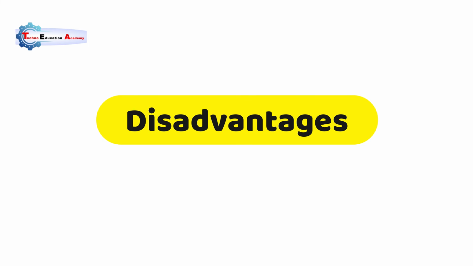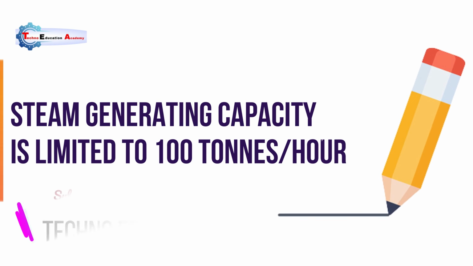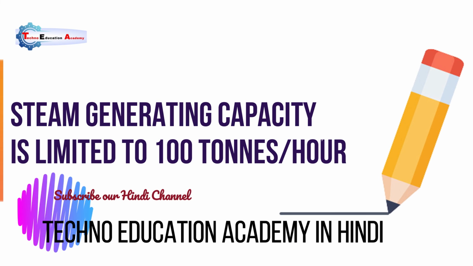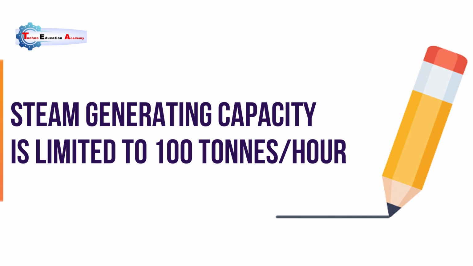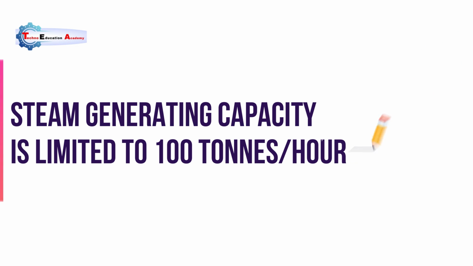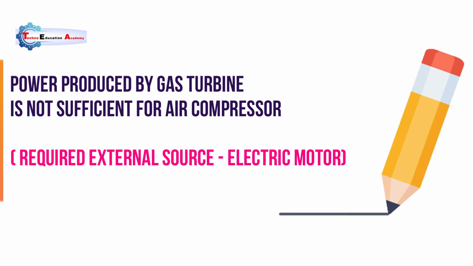Now we will discuss the disadvantages of the Velox boiler. The steam generating capacity is limited to 100 tons per hour, as a large amount of power is required to run the air compressor, because a compressor is a work input device. Second disadvantage: power produced by the gas turbine is not sufficient to run the air compressor, hence power from an additional motor is also supplied.